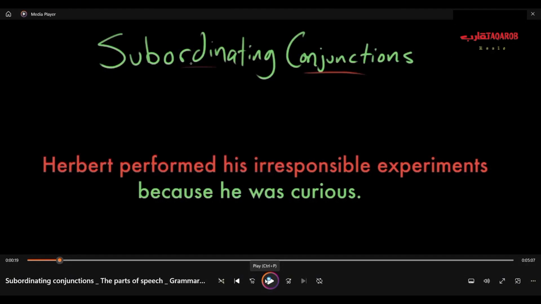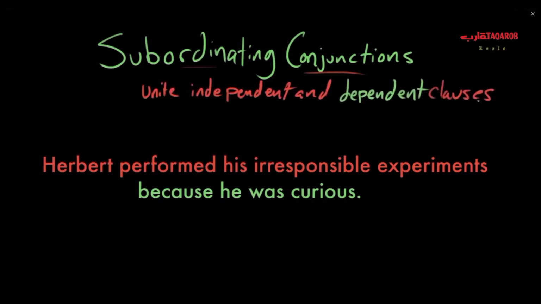So the subordinating conjunction comes with the dependent clause, like although, because. It comes with the subordinate clause, not the main clause. What subordinating conjunctions do is unite independent and dependent clauses. That's what subordinating conjunctions do.